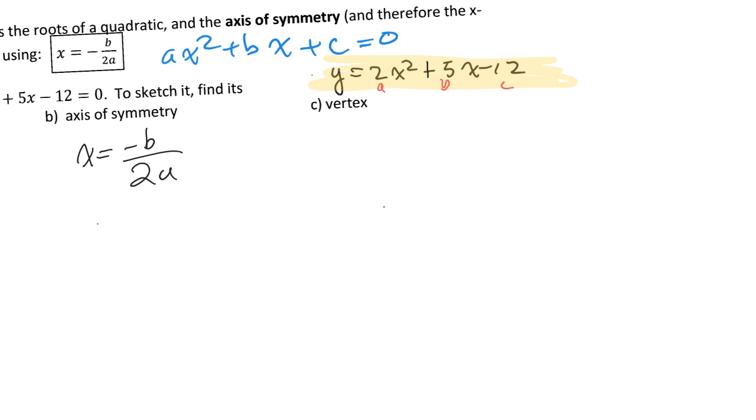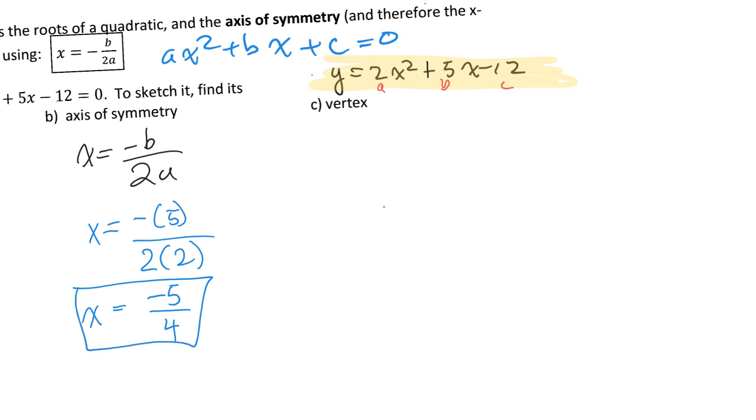So now we get x is equal to negative 5 divided by 2 times 2. So we end up with negative 5 over 4. So that is our axis of symmetry, the AOS.